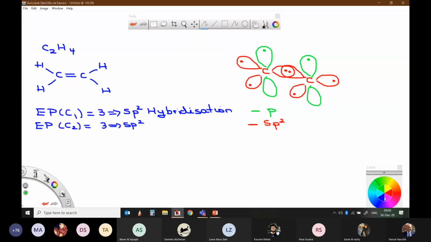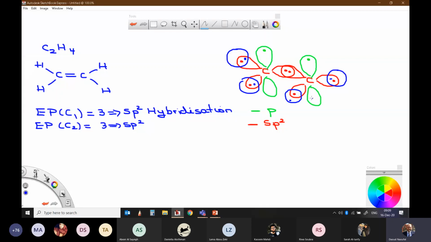We have one bond with the first hydrogen, one bond with the second, and from the other side we have one with the first hydrogen and one with the second hydrogen.